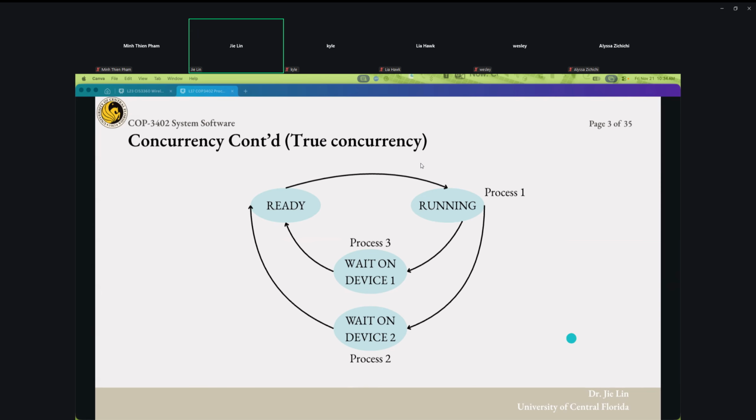For instance, P1 might be running on the CPU, P2 is waiting on I/O, and P3 is waiting on I/O and will be put into the ready queue. P2 and P3 manage their own context to check whether they move to ready or not. The operating system generally has good control over that.